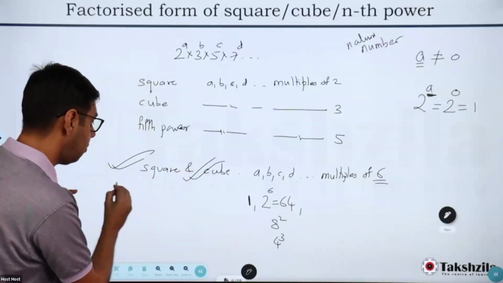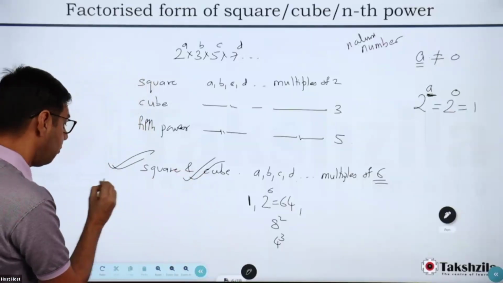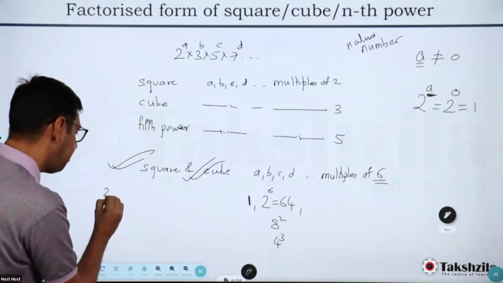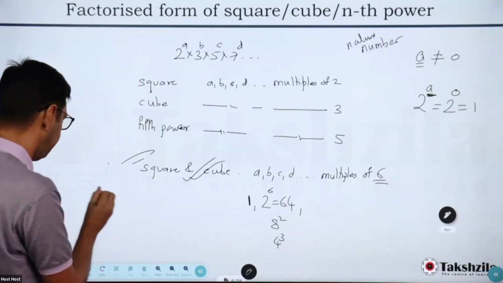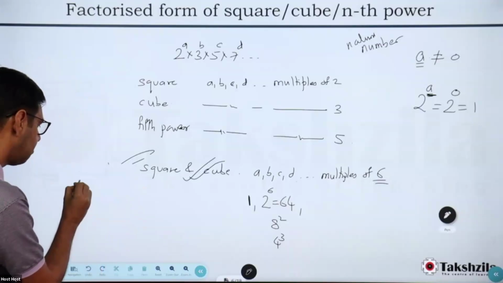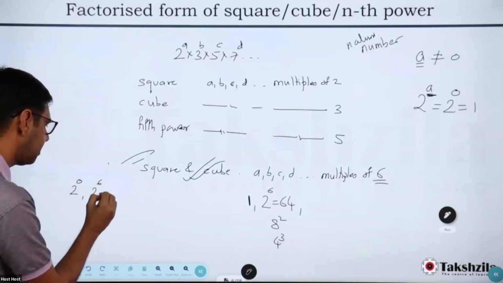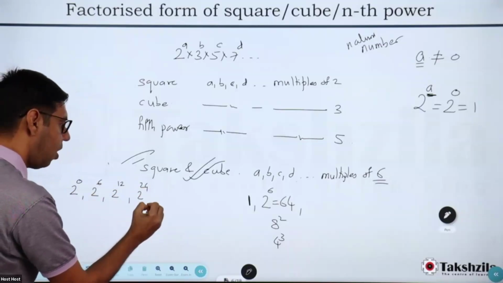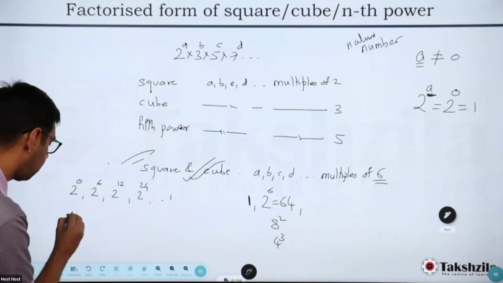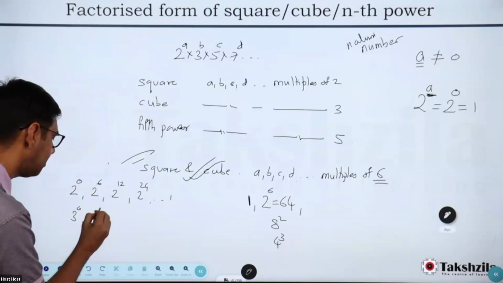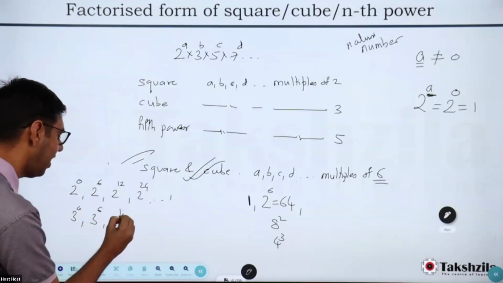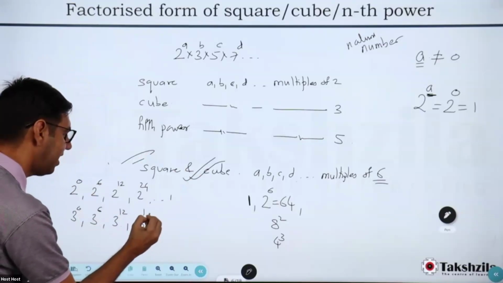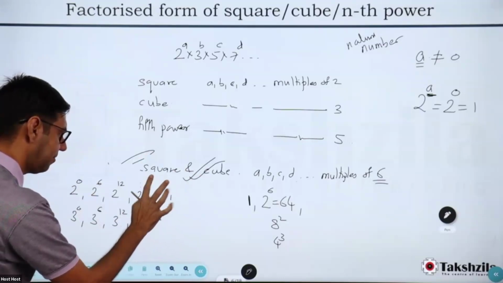Now there are 2 things to do. Again, this will also help you students in your mind. You could go as a single power: 2 raised to 0, 2 raised to 6, 2 raised to 12, 2 raised to 24. Or you could go 3 raised to 0, 3 raised to 6, 3 raised to 12, 3 raised to 18. I don't know why I missed 18.